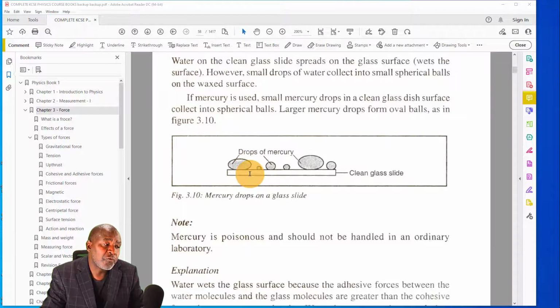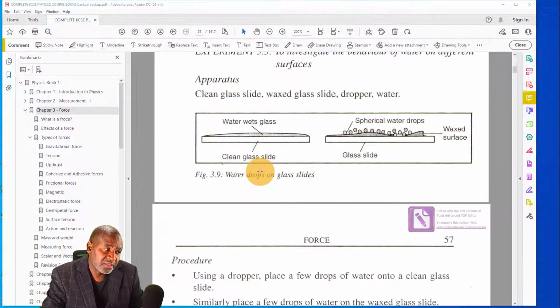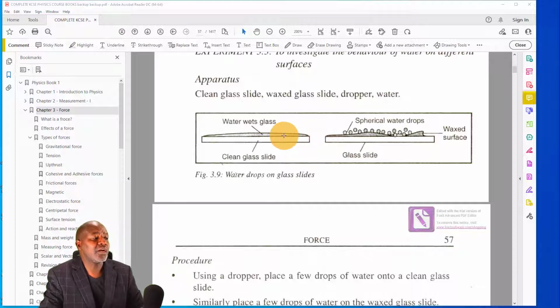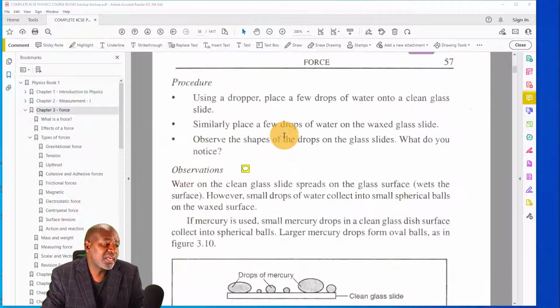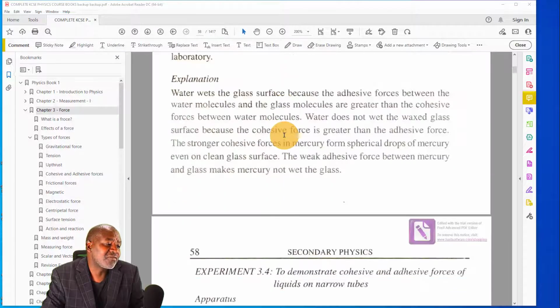While for water, which spreads, or we say it wets the glass, the adhesive forces between water molecules and glass molecules are greater than the cohesive forces between water molecules. And that is what we can say about those two types of forces.